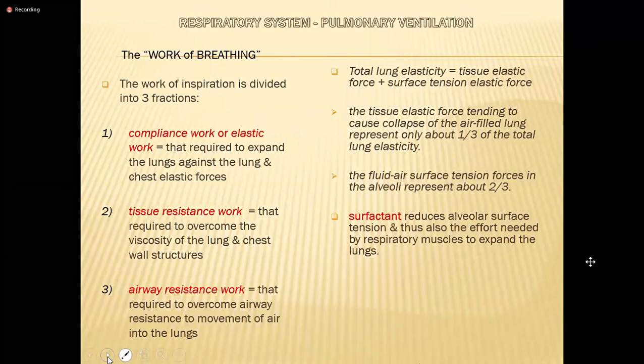The surfactant, your dipalmitoyl phosphatidylcholine, reduces alveolar surface tension, and thus also the effort needed by respiratory muscles to expand the lungs. Because your lungs are already very expandable, with lowered viscosity, they can easily expand when the air enters from the outside.